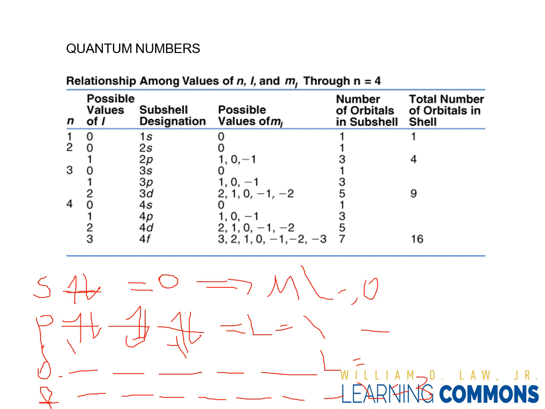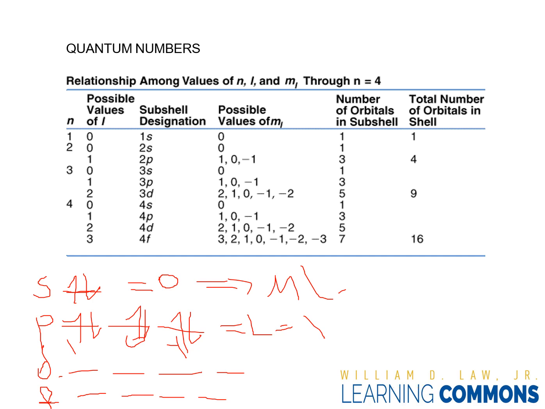If you see here, the value of ML for s is 0, for p it is 1, 0, minus 1, and for the d value, if you see this, it is 2. Let me help you understand this one.